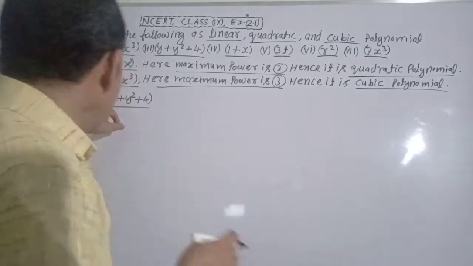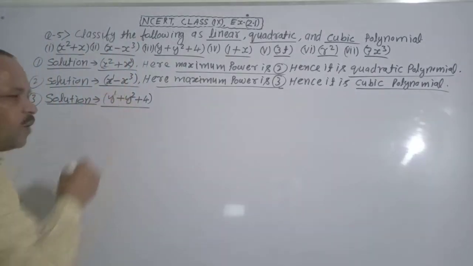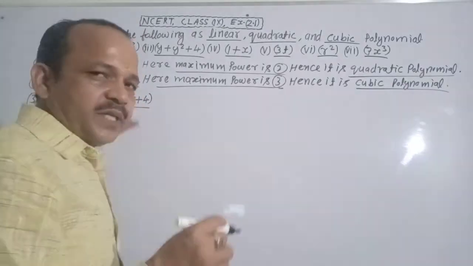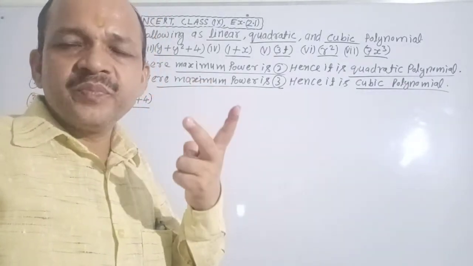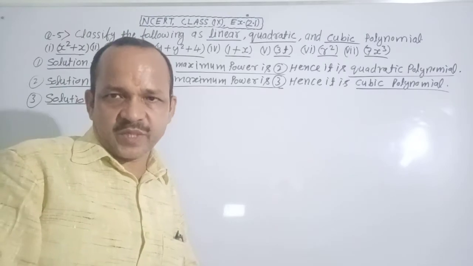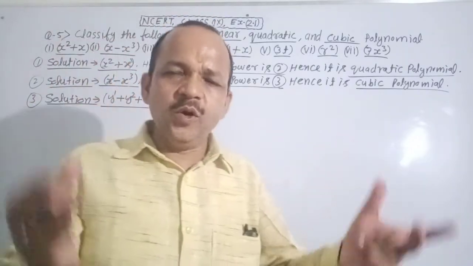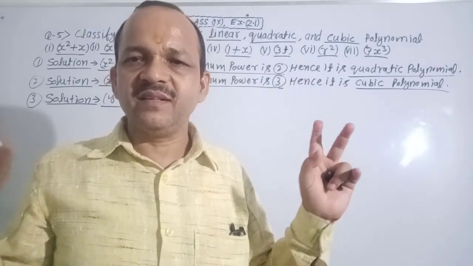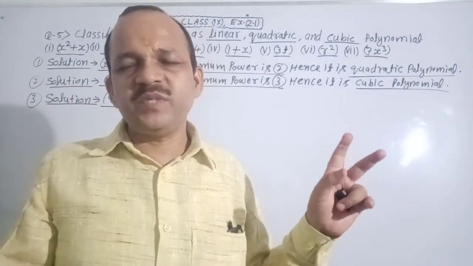Clear? Here the power is 1 and here the power is 2. The maximum power of this polynomial is 2. Hence it is a quadratic polynomial. According to the rule, a polynomial having degree 2 is called a quadratic polynomial. Is it clear? No confusion about it?